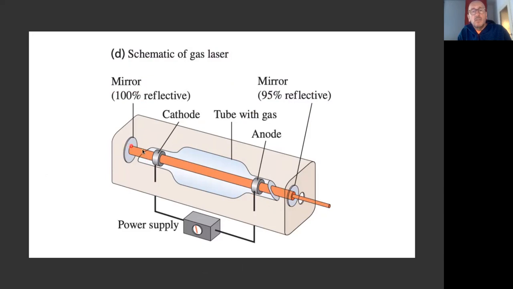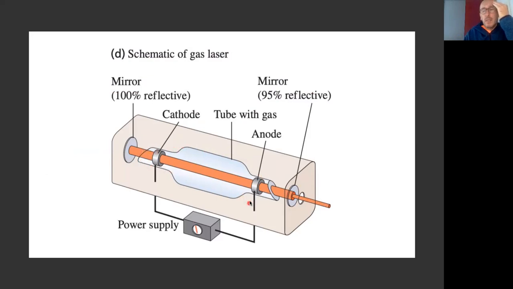These two mirrors are very well aligned in such a way that a photon can be bouncing back and forth here until it finds an atom inside the tube.